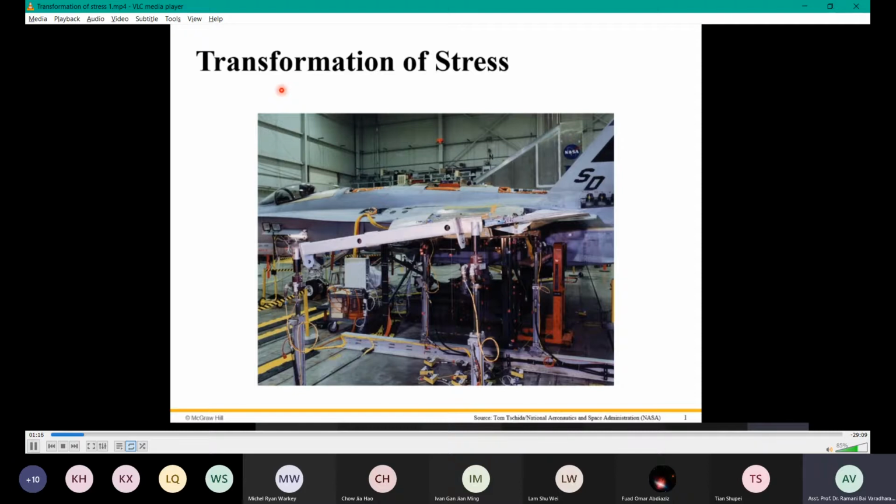But when the loading is at some angle, or the object is inclined, oblique, automatically it is subjected to a shearing type of loading, and the stress produced is called shearing stress or shear stress. And this shear stress, because it is acting at an angle, will keep changing if the angle is changing, right?